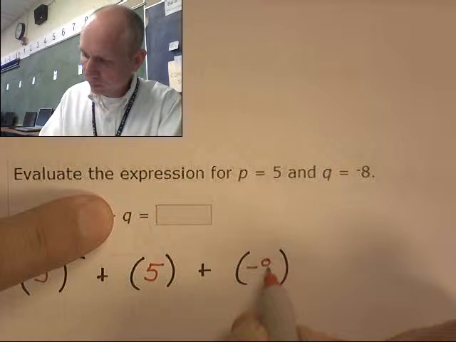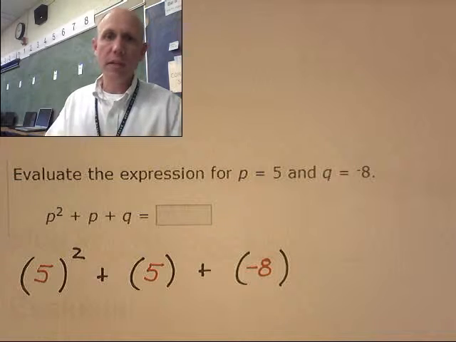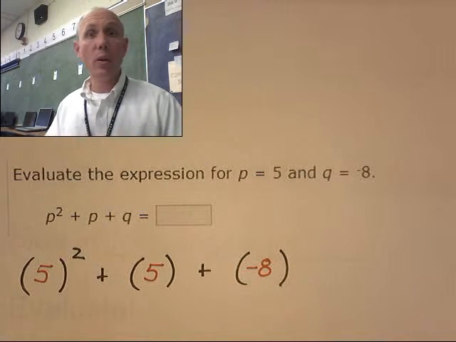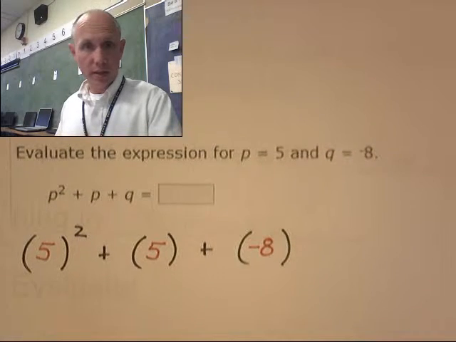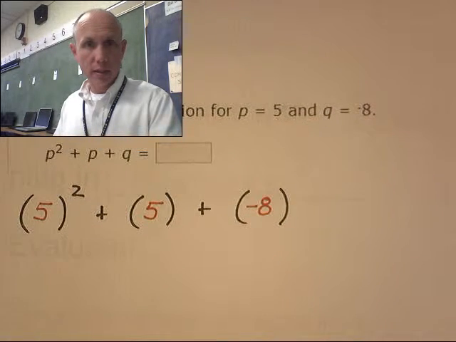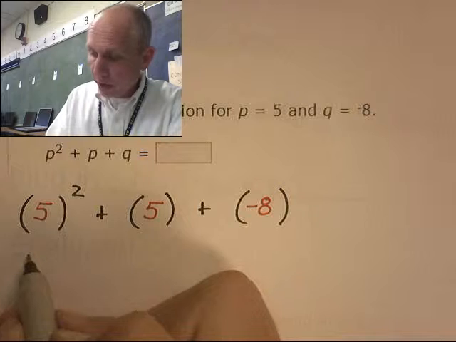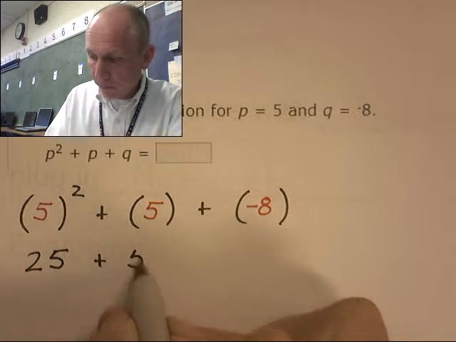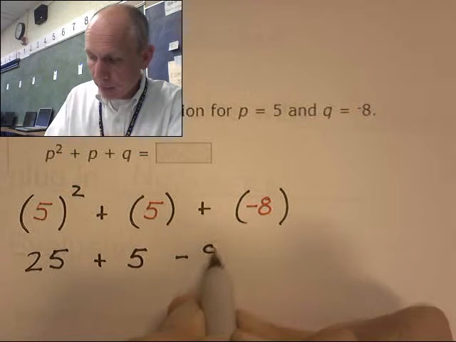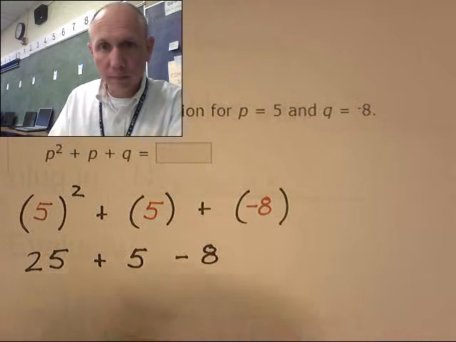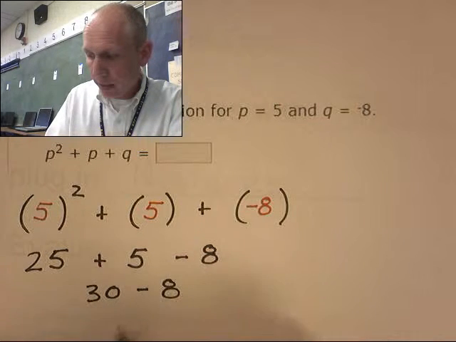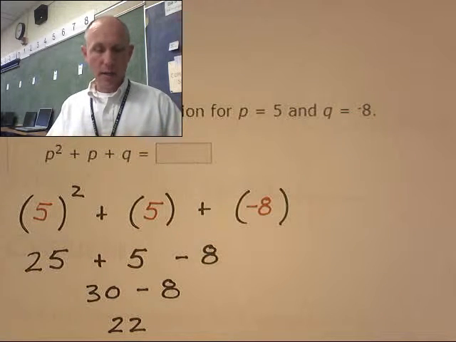Q is -8. And now I will evaluate these. 5 squared is 25 plus 5 minus 8. So this is 30 minus 8, which is 22.